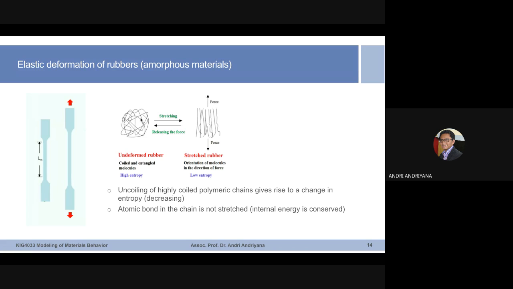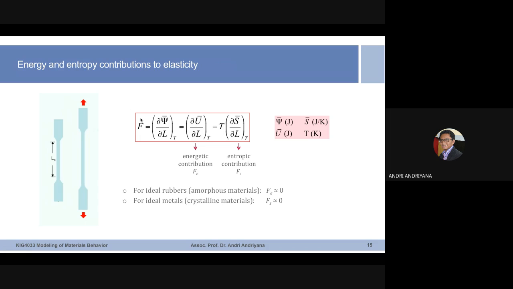So you see two different extreme situations. In one case, when you deal with crystalline metals, the elastic deformation can be attributed entirely to change of internal energy. For the case of amorphous materials, like rubber, the elastic deformation can be attributed to the change of entropy. So two opposite cases. So with that, we can conclude: if we are dealing with amorphous materials, such as ideal rubber, then the energetic contribution to elasticity is 0.